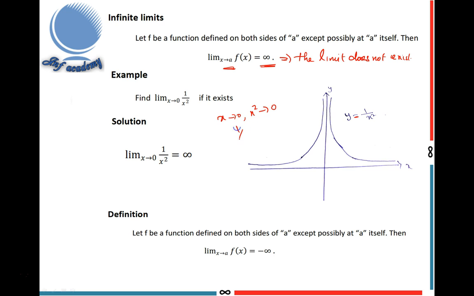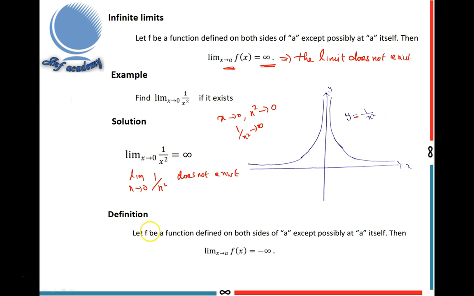Using the diagram, the values of f of x can be made arbitrarily large by taking x close to 0. So limit x tends to 0 of 1 by x square equal to infinity. That means the limit does not exist.